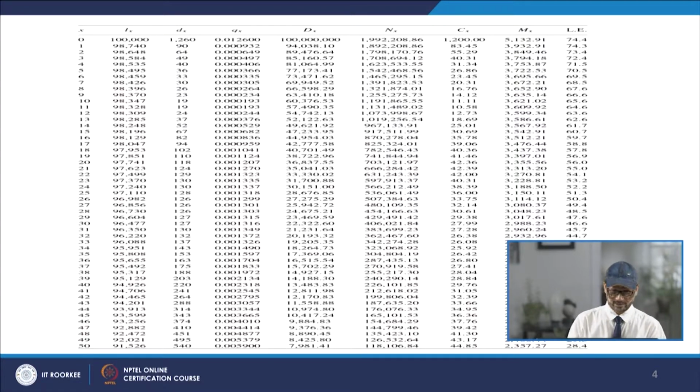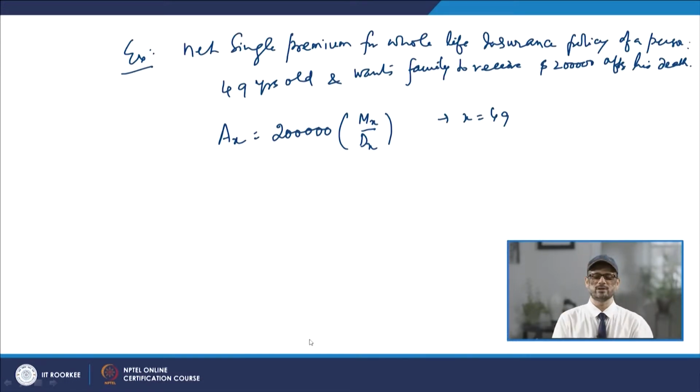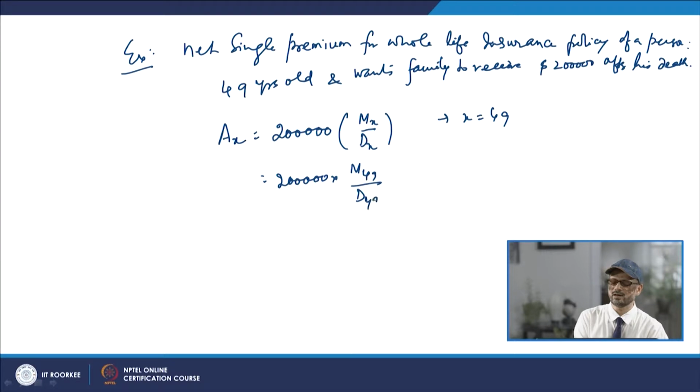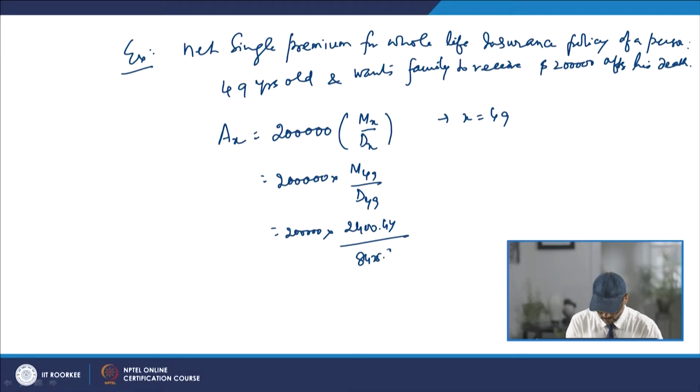So Dx is coming as 8425.80. So this will be 2 lakh times M49 by D49, which is 2400.44 divided by 8425.80. So it becomes equal to 56,978.33.